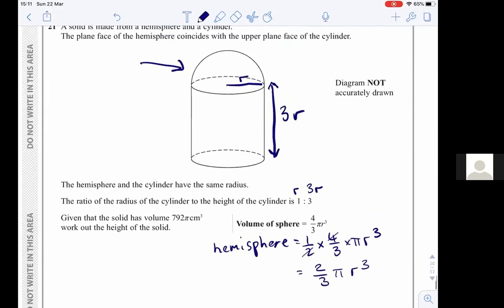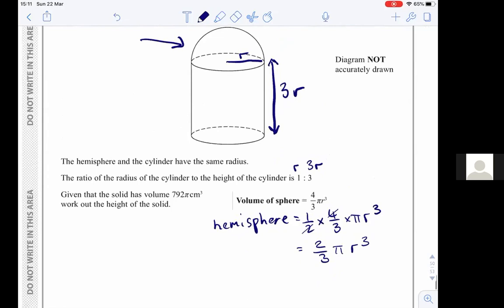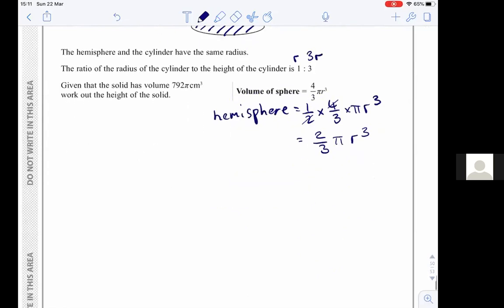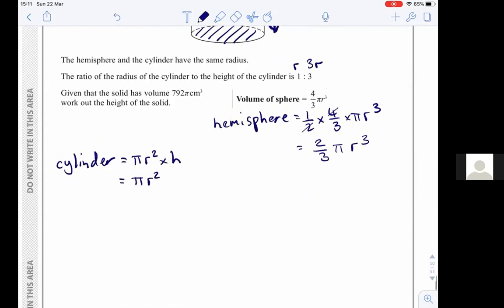The volume of the cylinder is going to be the area of the cross section times the height. So the cylinder is going to be pi r squared, that's going to be the base, times h, what is the h? It's 3r. So this, if I simplify, is 3 pi r cubed.